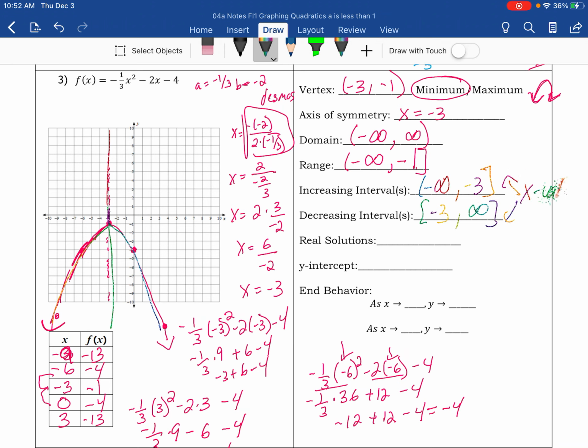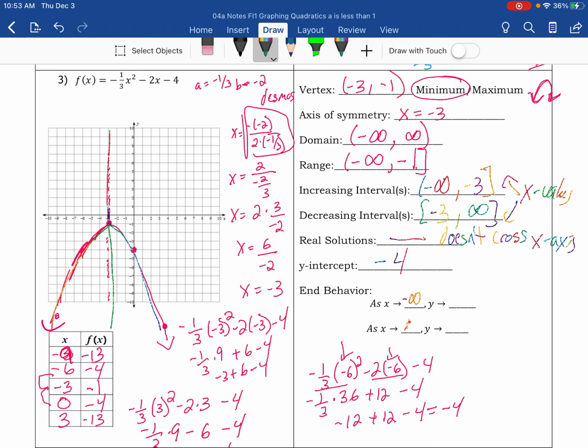And remember, you only use your x values for this. Your real solutions, we're going to say none because it doesn't cross your x-axis, and your y-intercept is at -4, because that's where it crosses the y-axis.